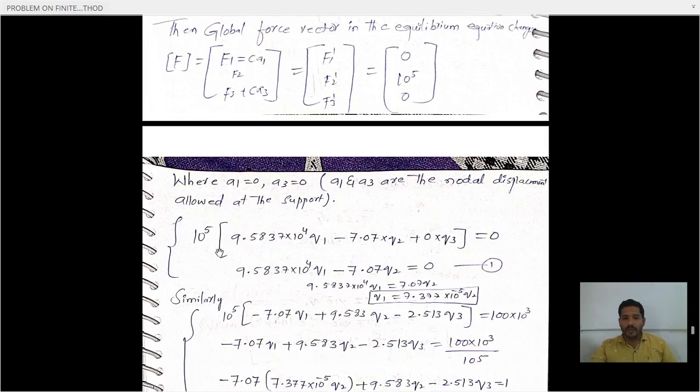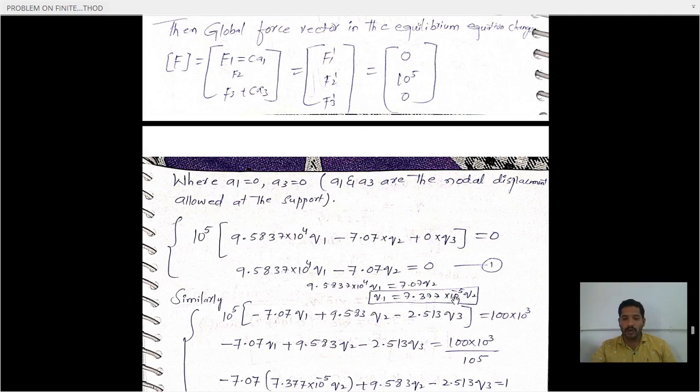So 9.583 into 10 power of 4 Q1 minus 7.07 into Q2 equals 0. If you divide 0 by a number, what will happen? It becomes 0 only. If this minus sign is moved to the right side, it becomes positive. Q1 is equal to 7.07 by 9.583 into 10 power of 4. So you will get the value of Q1. Q1 is equal to how much?